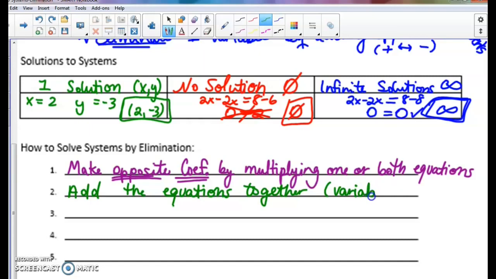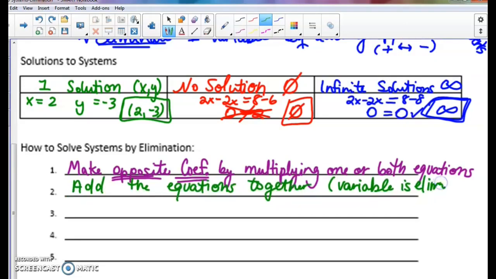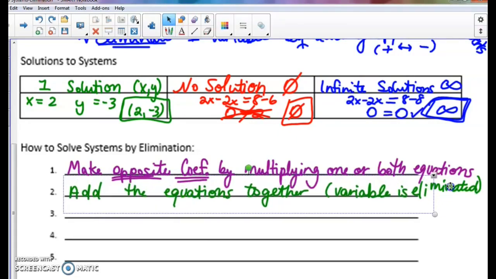So one of the variables is eliminated or canceled out. I like to say eliminated because that's the name of this method. So add the equations together to make sure one variable is indeed eliminated.